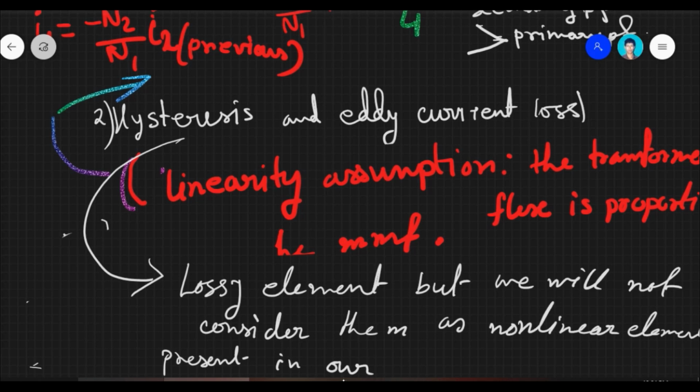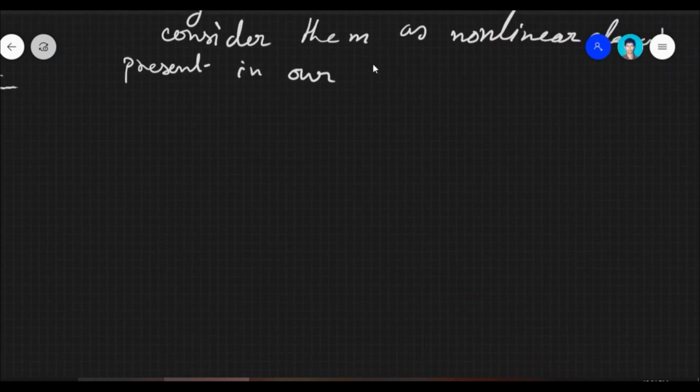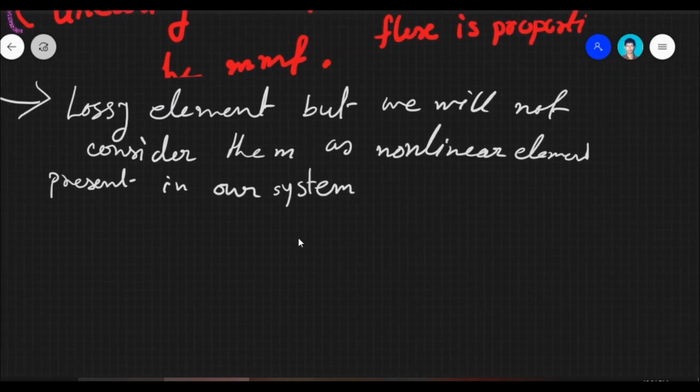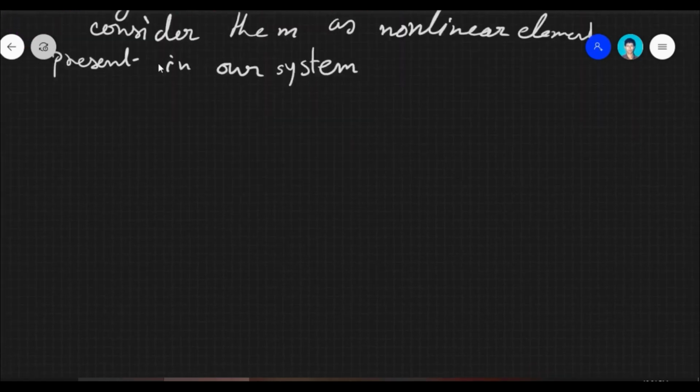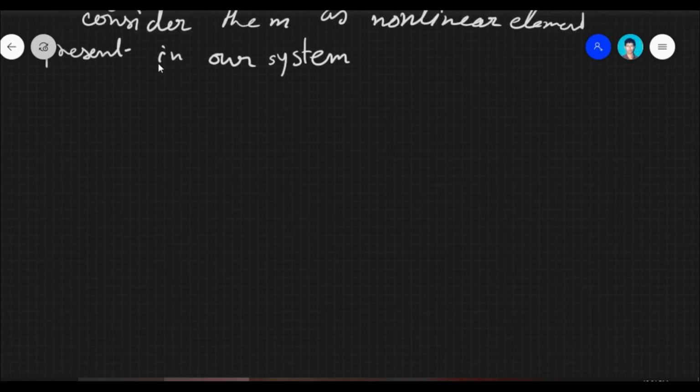Rather, whatever non-linearity causes a power loss, we are representing that power loss by means of a resistance, and we term it the core loss resistance. So it is a lossy element, but we will not consider it as a non-linear element present in our system.